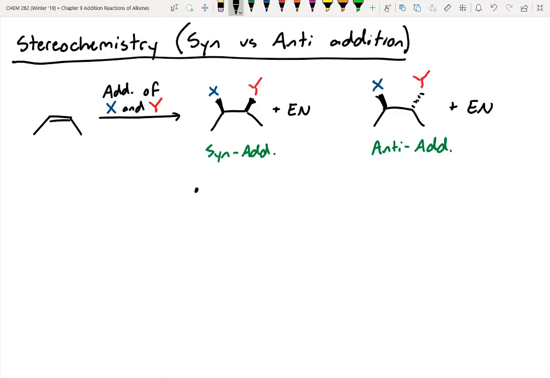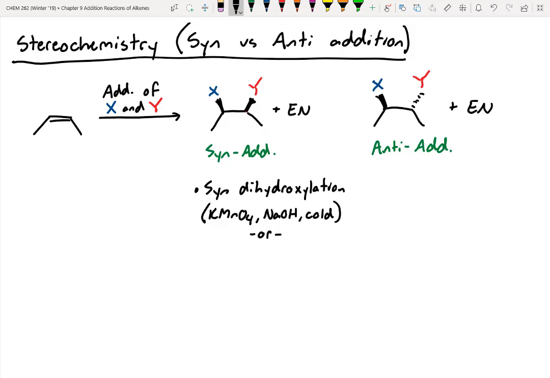We saw two different ways of making syn diols, meaning two alcohols. And this is called syn dihydroxylation. And you can do this using potassium permanganate, so KMnO4, sodium hydroxide, and you have to do this reaction cold. That was one option.